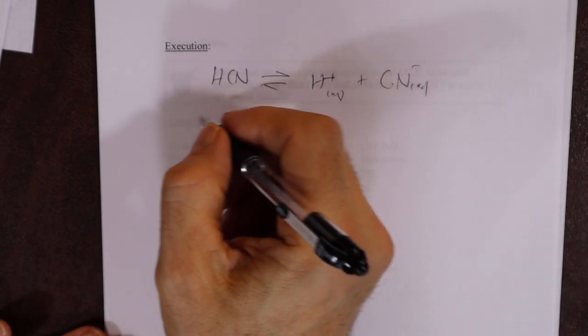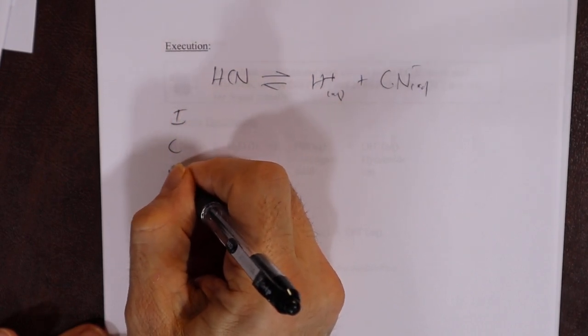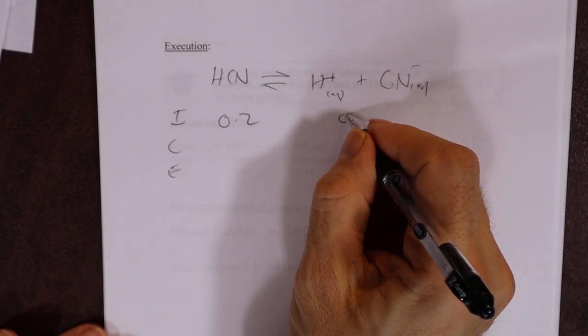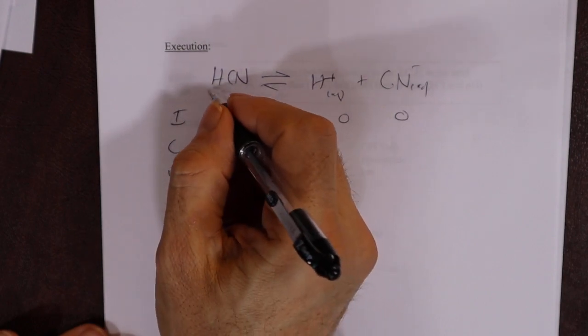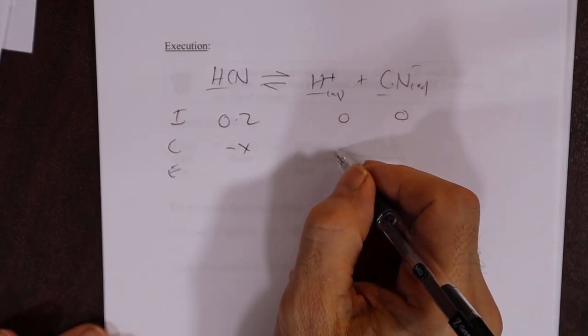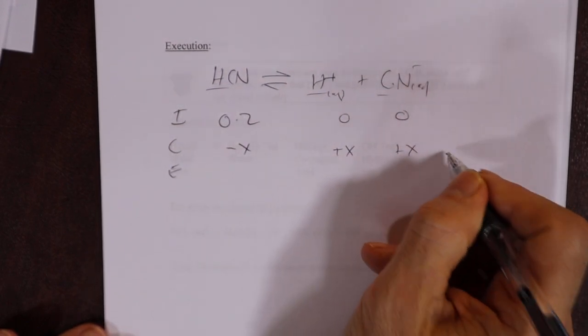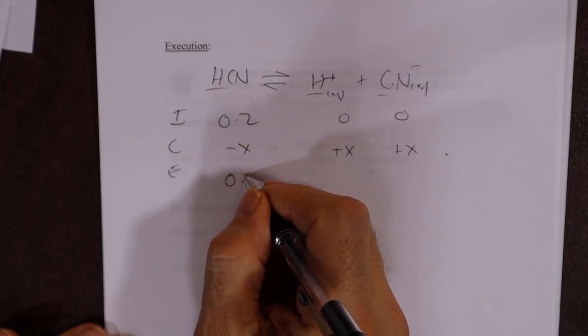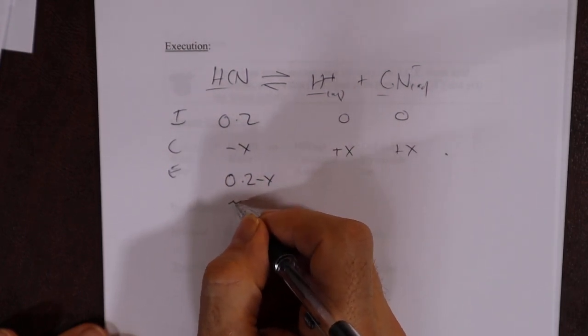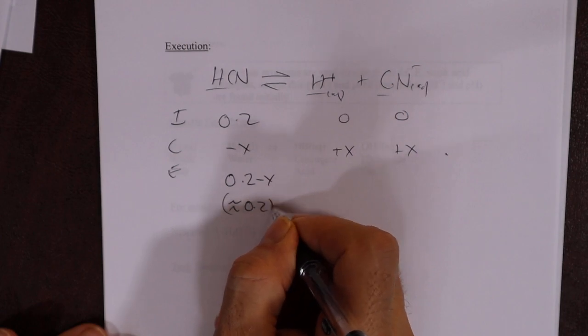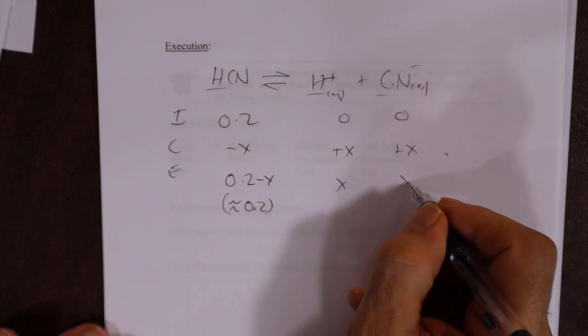All right. ICE: 0.200, do the usual procedure. It's monoprotic, right? So it's 1 plus 1 plus 1, don't know how much, that's X. 0.2 minus X. And again, that's weak acid approximation, 0.2, X and X.